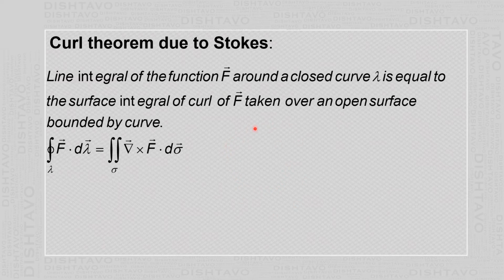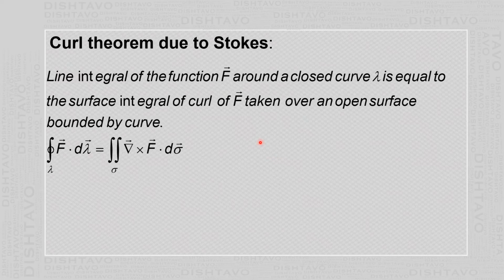That boundary or periphery is a closed curve. So in this case, you have a closed curve enclosing the surface area, just like in the previous theorem we had a surface area enclosing the volume. Here we have a curve which is closed, and it encloses within it a surface area.